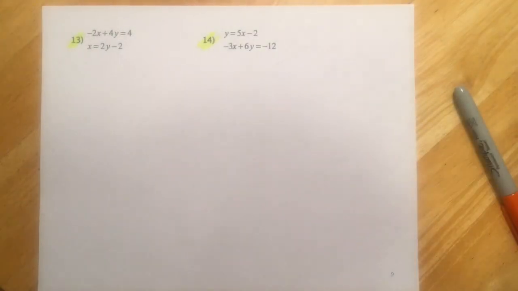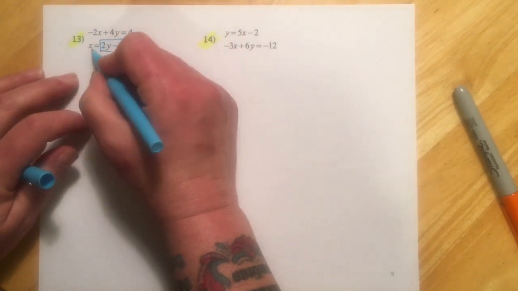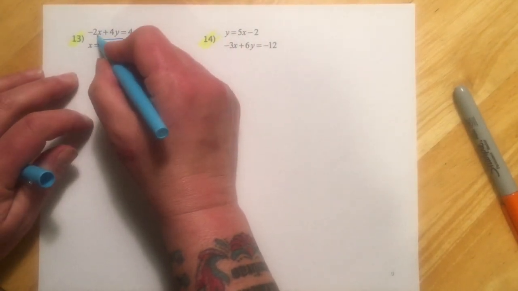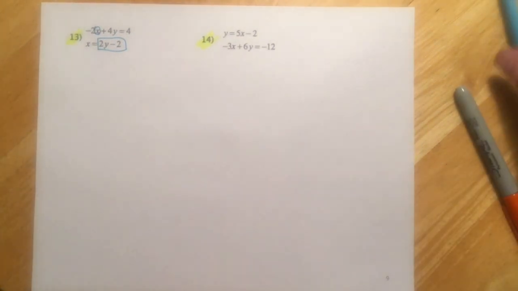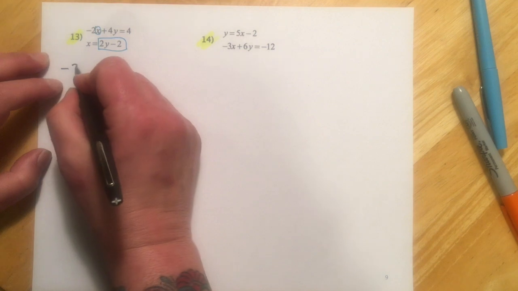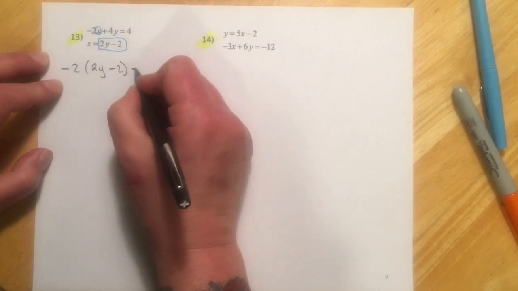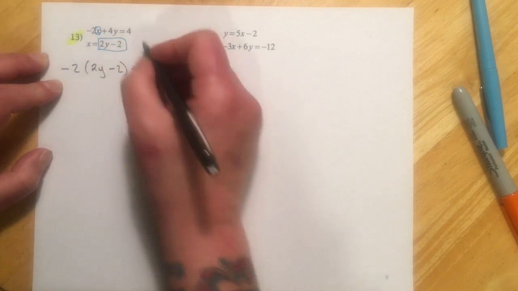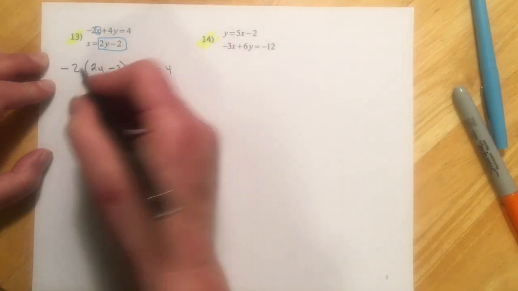Okay, and these last three are the ones that you try in class. So take this, solved for x already, and just toss it right there for that x. So that's going to look like negative 2 times 2y minus 2, and then the plus 4y equals 4. And we'll just distribute and go where it goes.